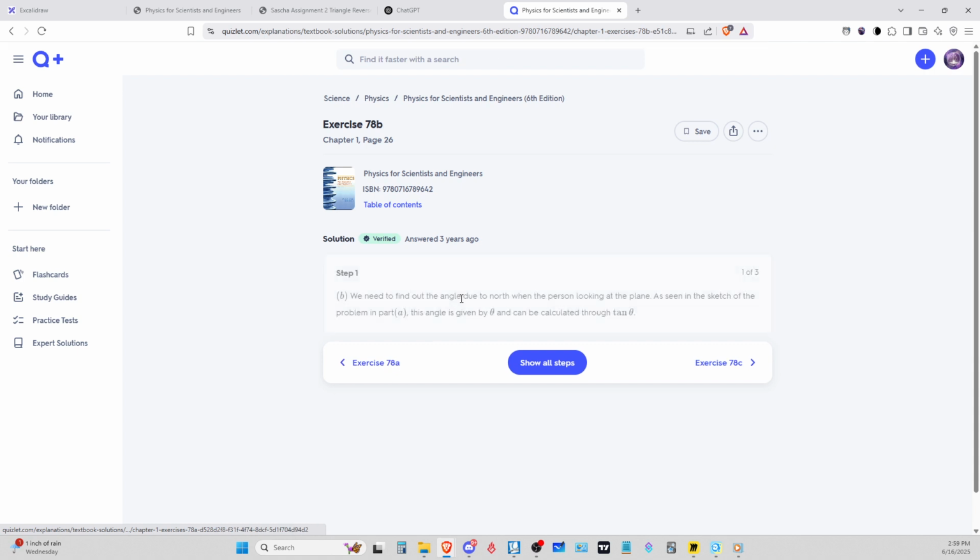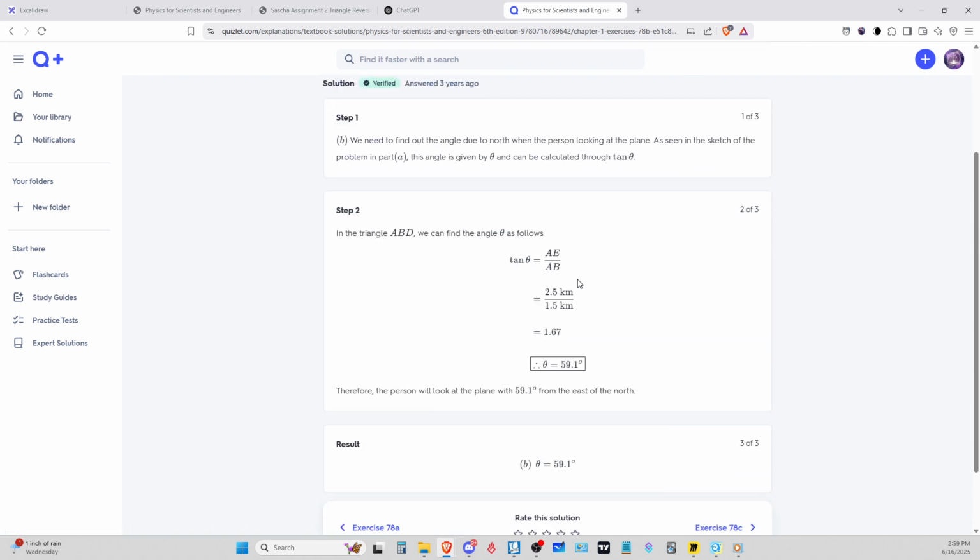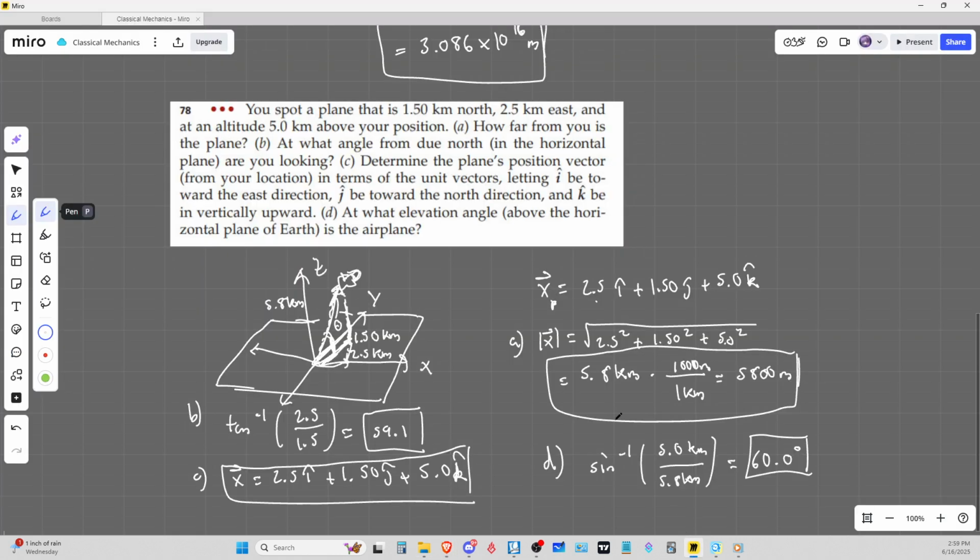That makes sense, because I think I didn't read the question correctly. Of course, the question is a little bit more, I don't want to say cryptic. Because it says what angle from due north, and I think that's the thing I missed right here.